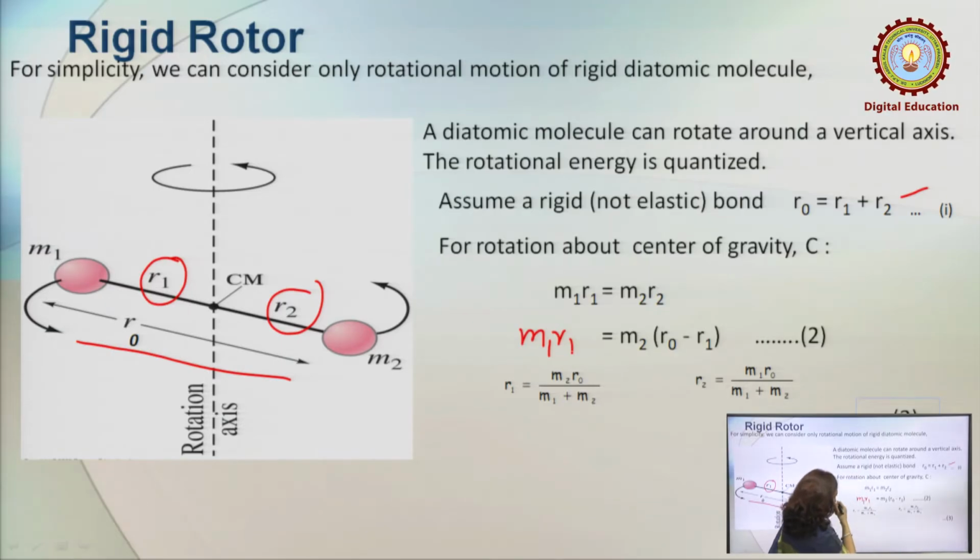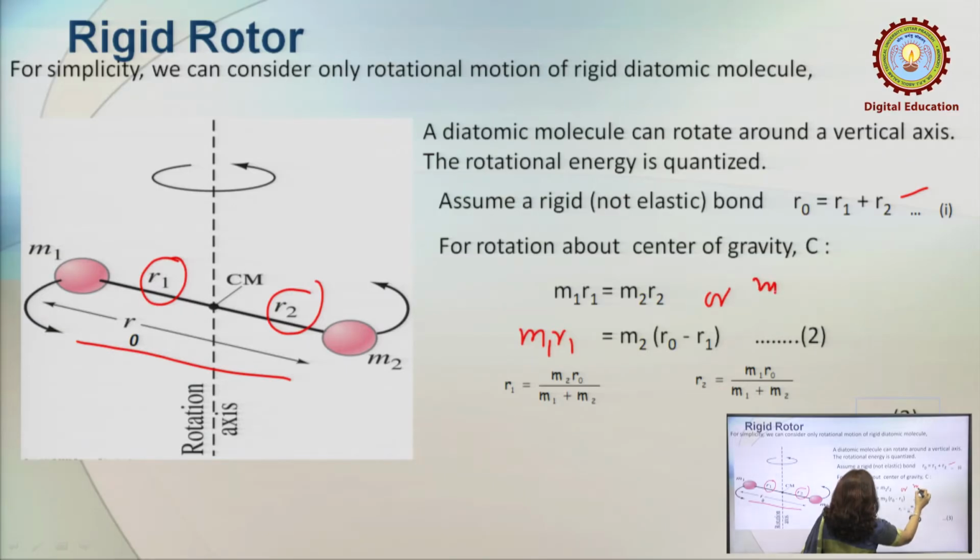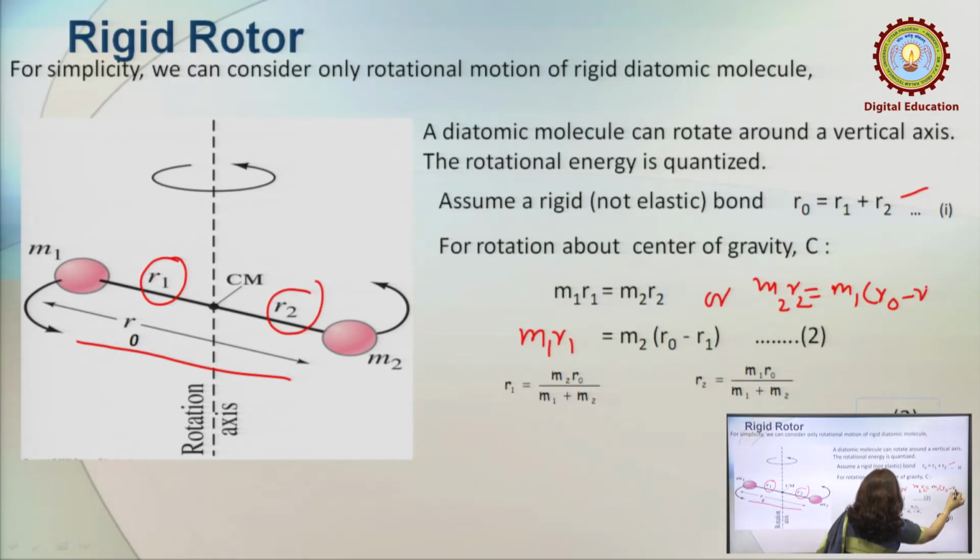In the same way, we can also calculate M2 R2 is equal to M1 (R0 minus R2).